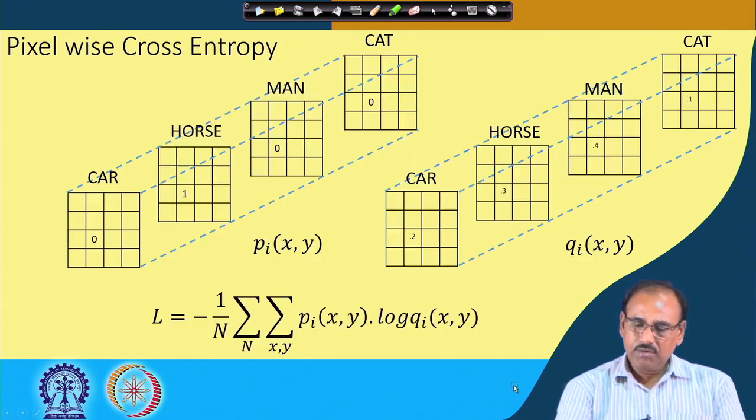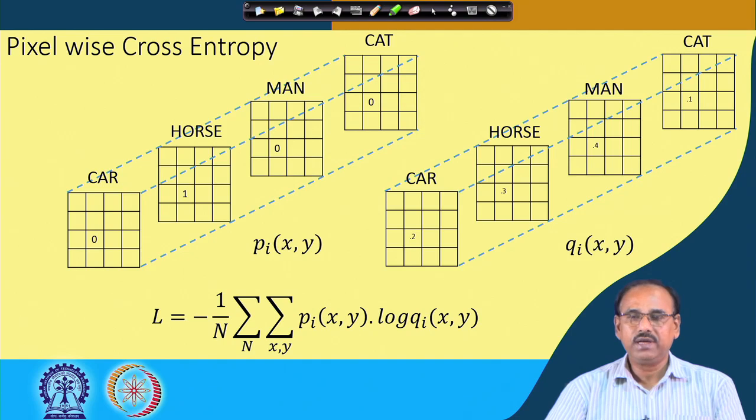But what happens is during the training operation, your network may actually output something different from this one-hot vector. So, you have your target one-hot vector and the actual output vector that you are getting, which is in terms of the probability that the pixel belongs to a particular category.